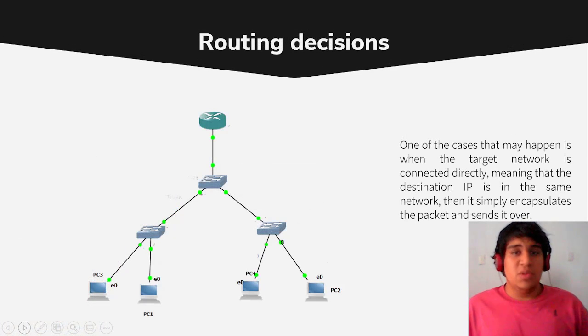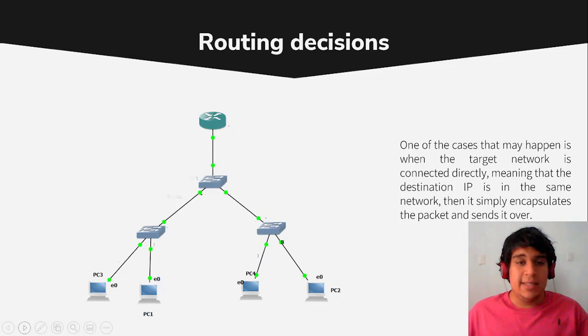So at this point is when the router has to start making decisions on to where to send that package that just got sent to him. So the first case we're gonna see is when a package gets sent and its destination is to that same network. So let's say PC3 sends over a package to the router, and this package is destined to be to PC4.